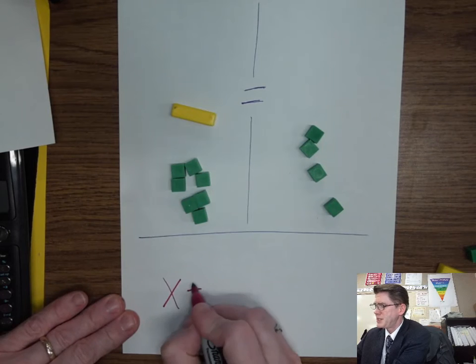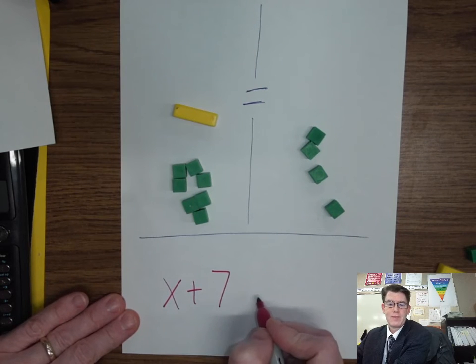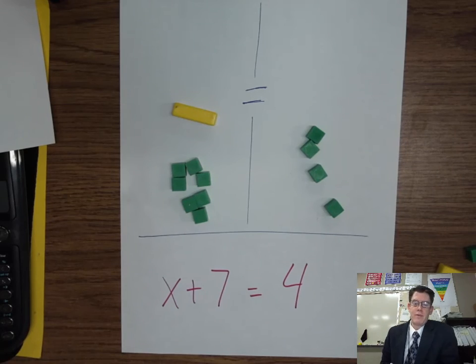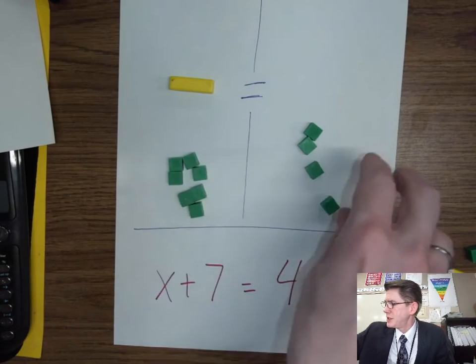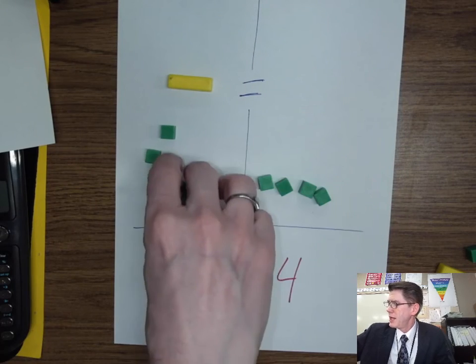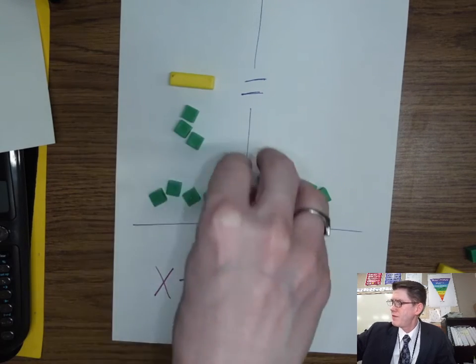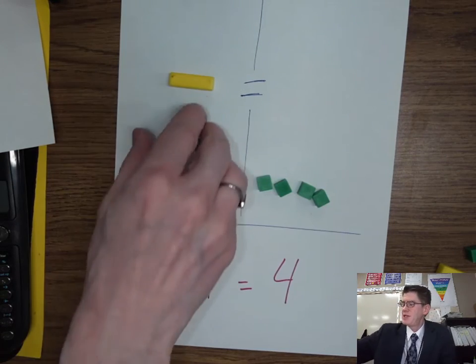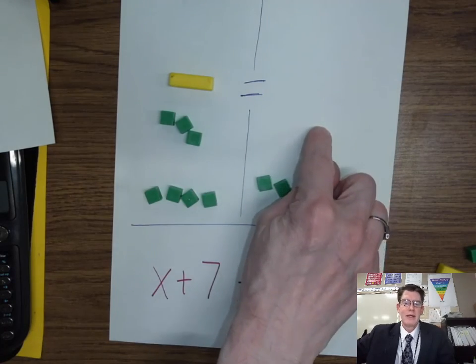I have x plus 7. And on this side of the equation, I've got 4. So as I try to line these up, I've got 4 there, so I'll line 4 up. And I've got these other 3. Well, there's nothing there.